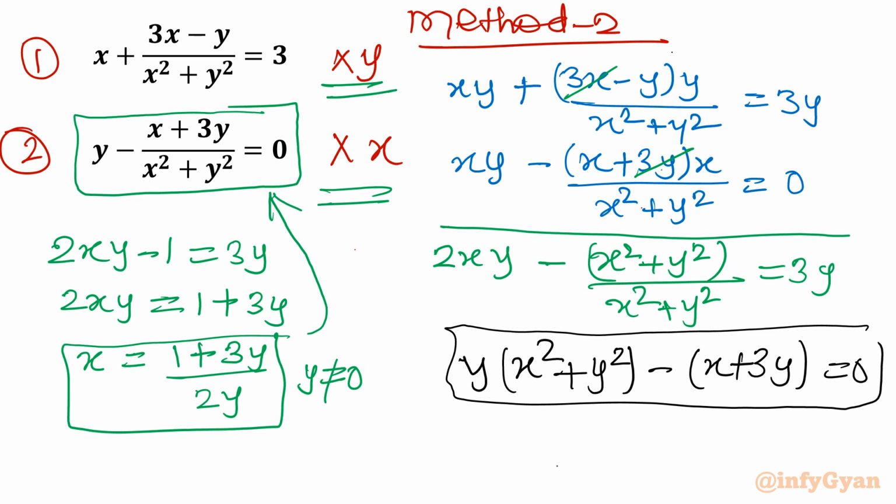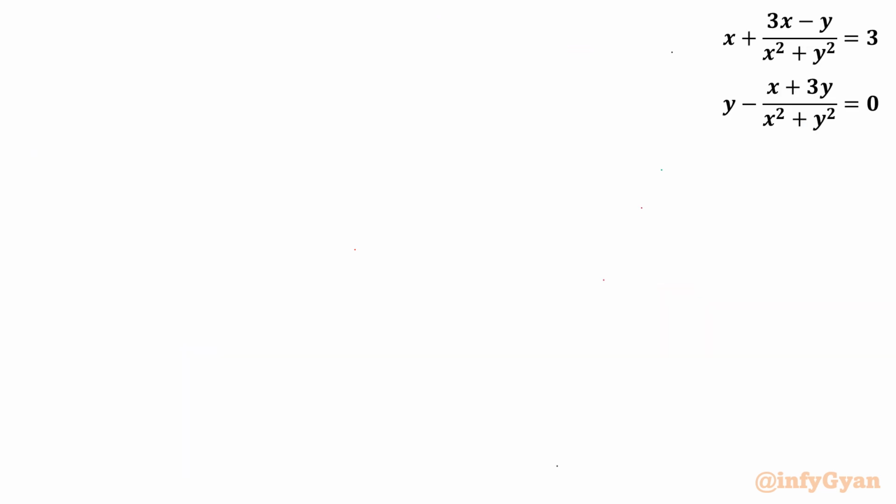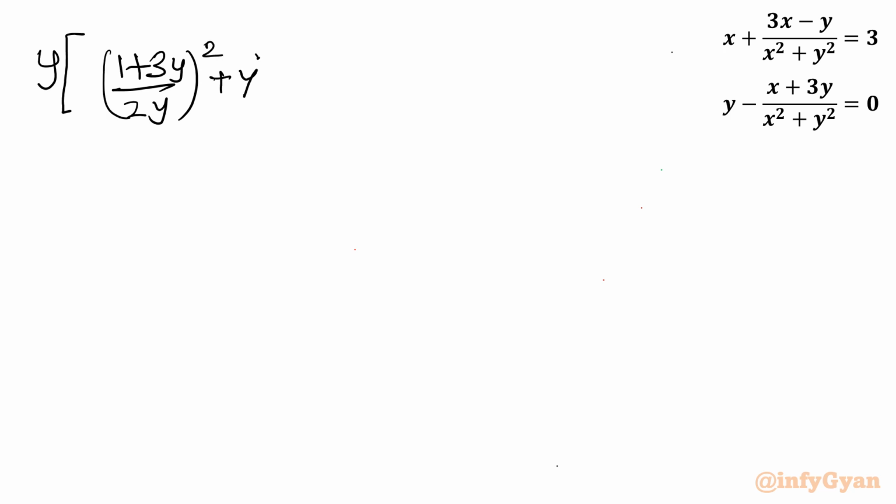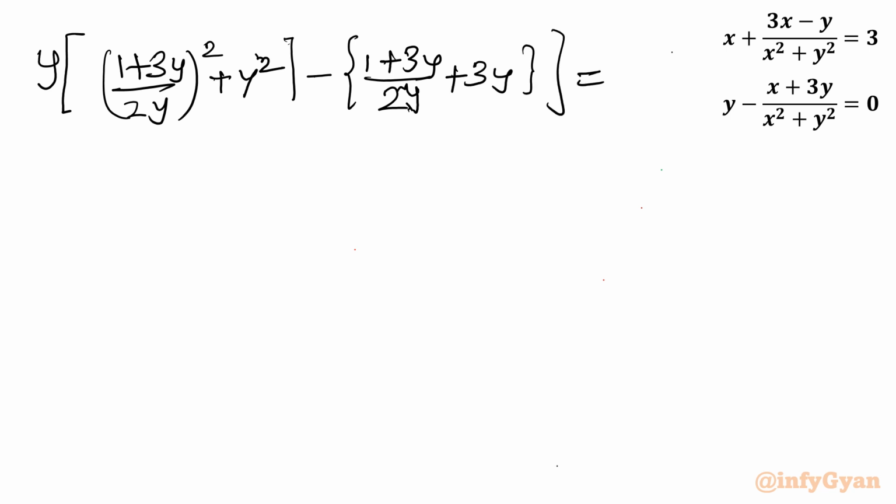And here I am going to put this x value. Okay, let's put over there. So I will write y times, in bracket, 1 plus 3y over 2y, this is x, whole square, plus y square, y is already there, minus the x value, 1 plus 3y over 2y, plus 3y equal to 0.